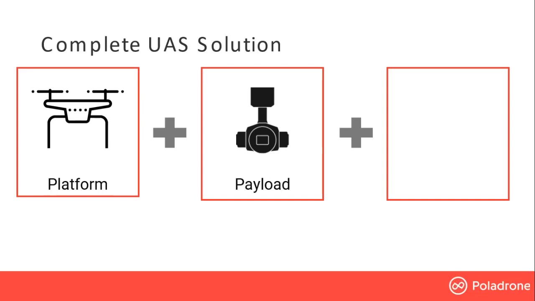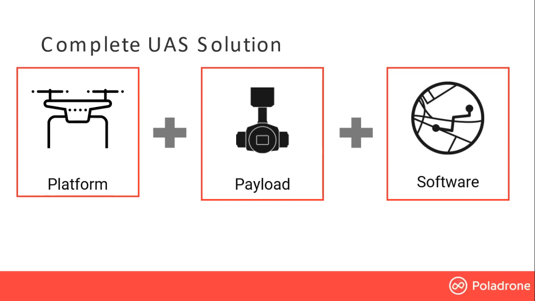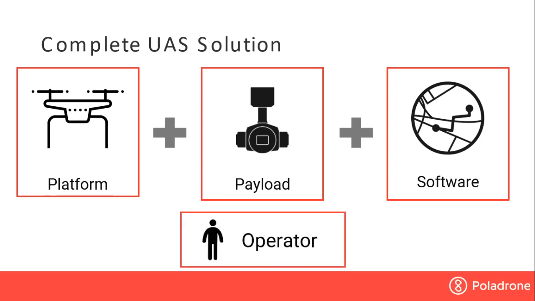Then software, which is used to process and analyze data for further resolutions. And last but not least, an operator, which refers to the drone pilot. Only by combining these 4 things can we call it a complete UAS solution. You can think of the platform as the body, the payload as the eye, and the software as the brain. By having all these 4 things, you have a complete solution.